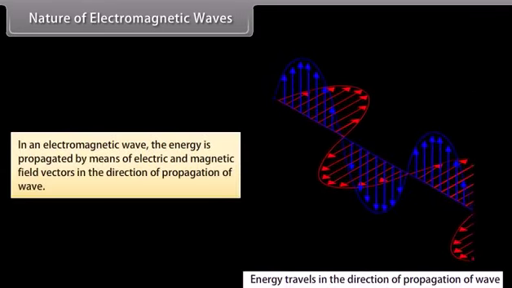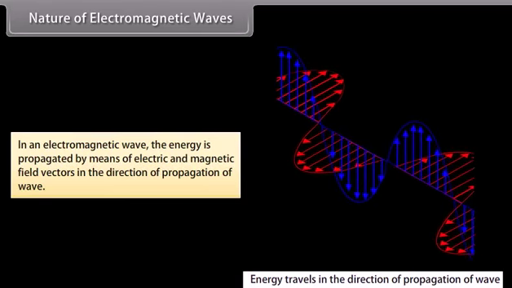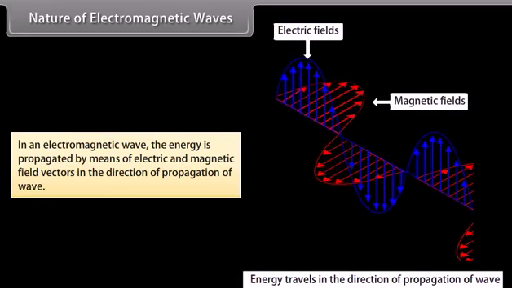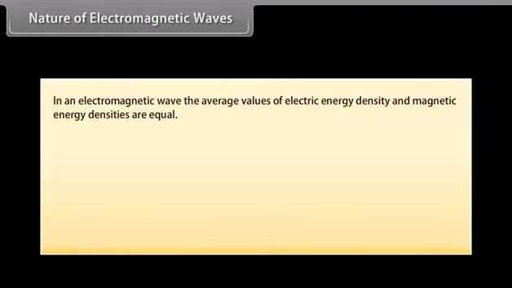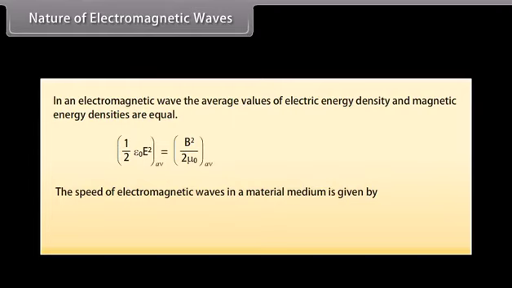In an electromagnetic wave, the energy is propagated by means of electric and magnetic field vectors in the direction of propagation of the wave. The average values of electric energy density and magnetic energy density are equal. The speed of electromagnetic waves in a material medium is given by the relation v is equal to C upon n.